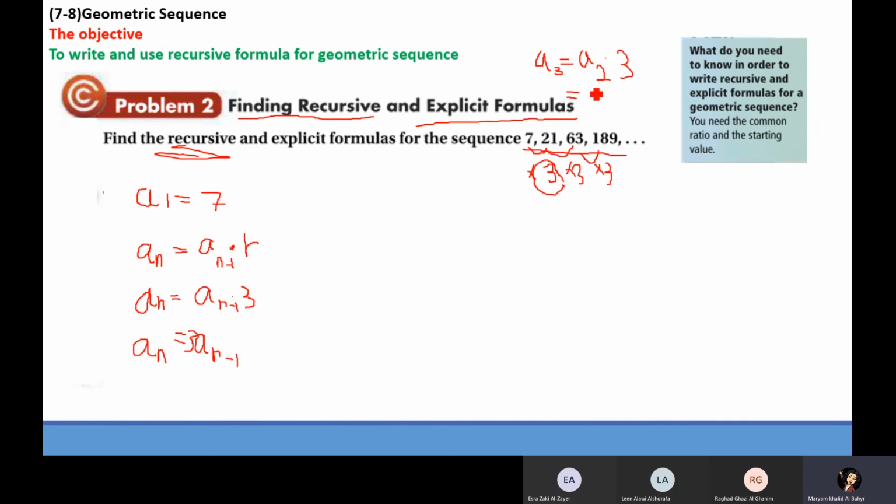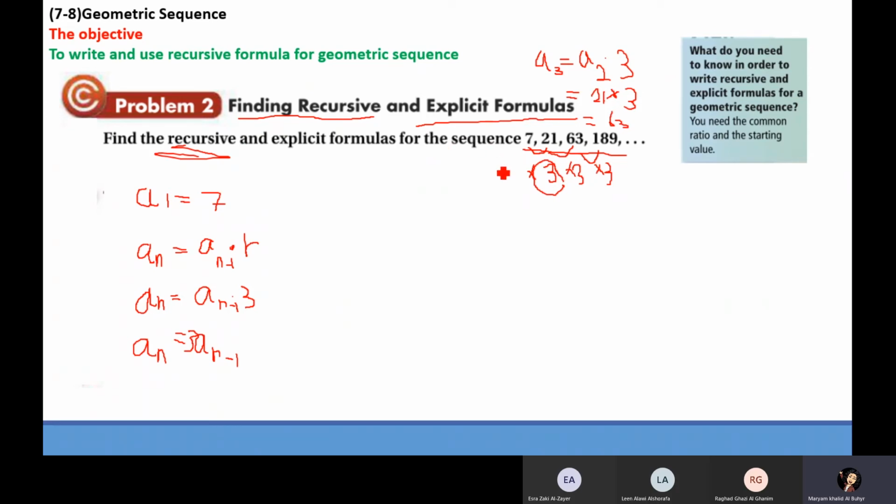Substitute, so that is A2. What is A2? A2 is this one, 21. So 21 times 3. Once you calculate that, you will get 63. That's what we have here. So that's the idea for the recursive formula.